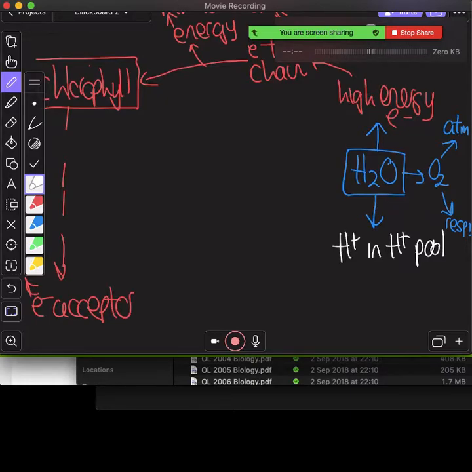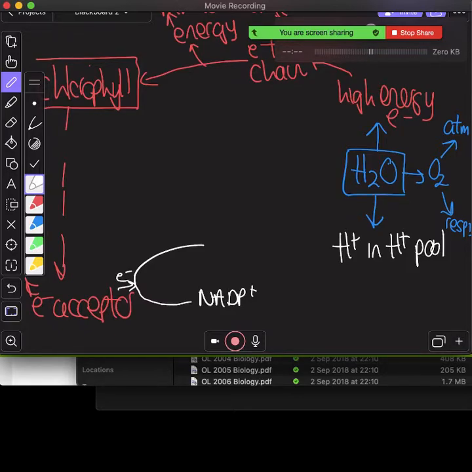So we need something that's going to be a carrier of electrons and protons. And we need something that's NADP. NADP plus. So down here, NADP plus is going to be around in our grana, and that is literally going to come here and steal the electrons from the electron acceptor.